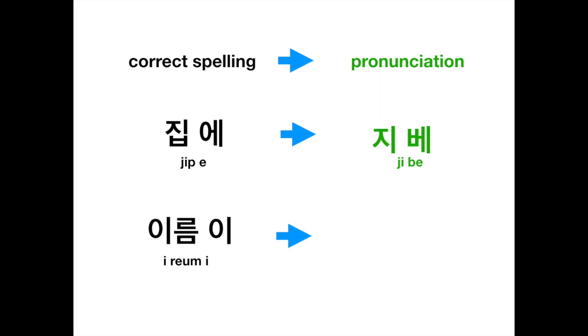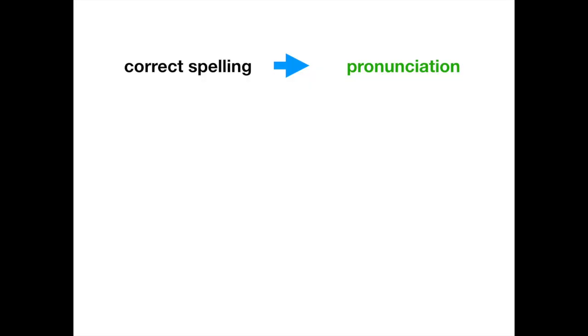The pronunciation becomes iremi. Pronounce M in the next syllable. Iremi means name. The I is your marker. I will explain later what the markers are. Jibe means in the house. Iremi means name.